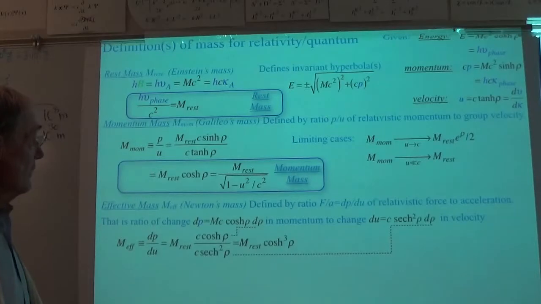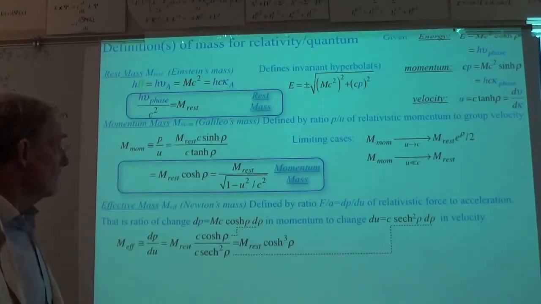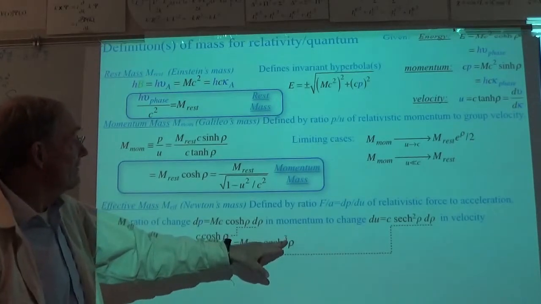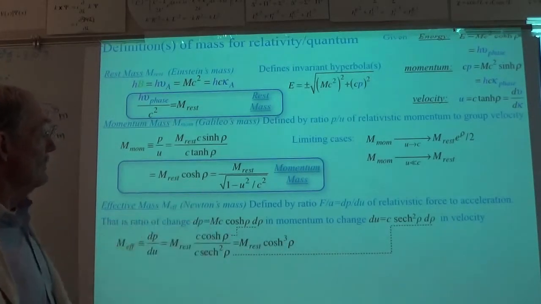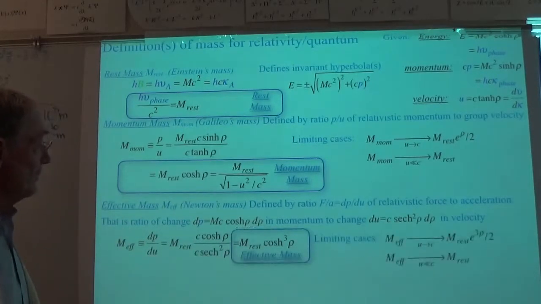So it's those two things that we're going to be ratioing here instead of those two. Well, this gives me cosh cubed. This one just gave me a lousy cosh, but I get a cosh cubed out of this one. This is a weird mass. Turns out it's the effective mass.